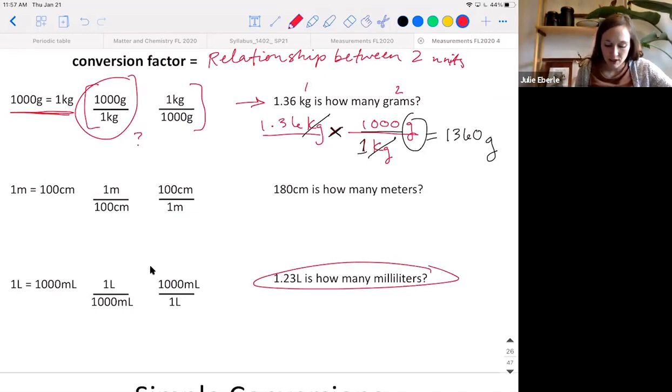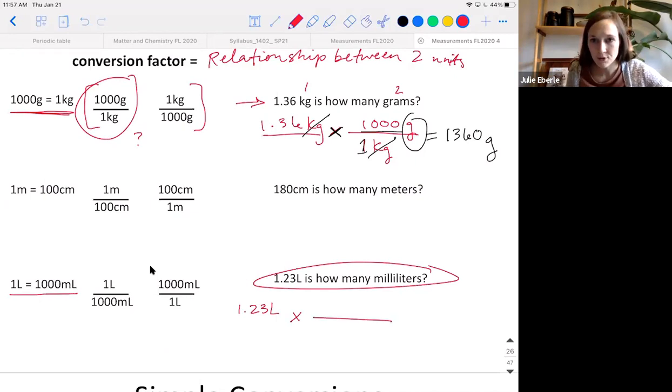I have my relationship between the two units: 1 liter is 1,000 milliliters. And then I have my 2 conversion factors. Write out the number that you're given to start, 1.23 liters, and multiply it by one of these conversion factors. You want liters to cancel and milliliters left over. So you should pick the second conversion factor and write it just as is, 1,000 milliliters on top over 1 liter on bottom, because I already have liters on top from when I first started writing my problem.